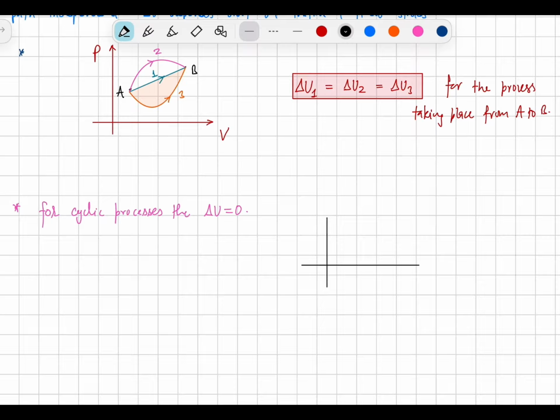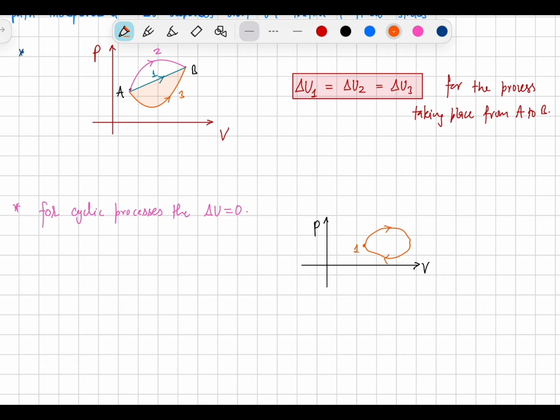Let me make it clear by a diagram. Suppose a process starts from here and comes back to itself. Let's not make it a circle. It starts from here and goes like this.